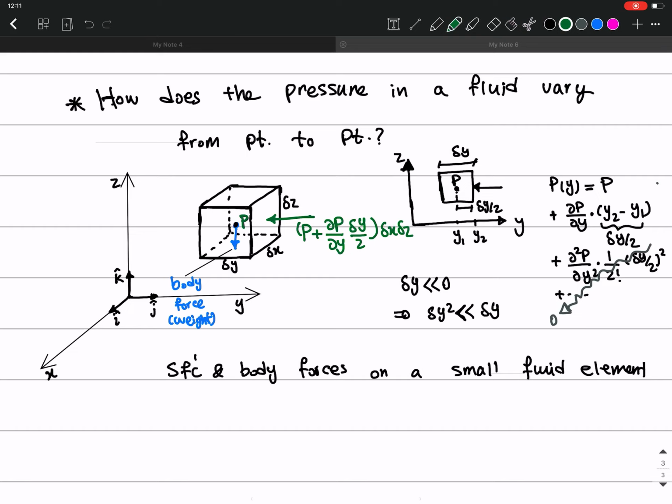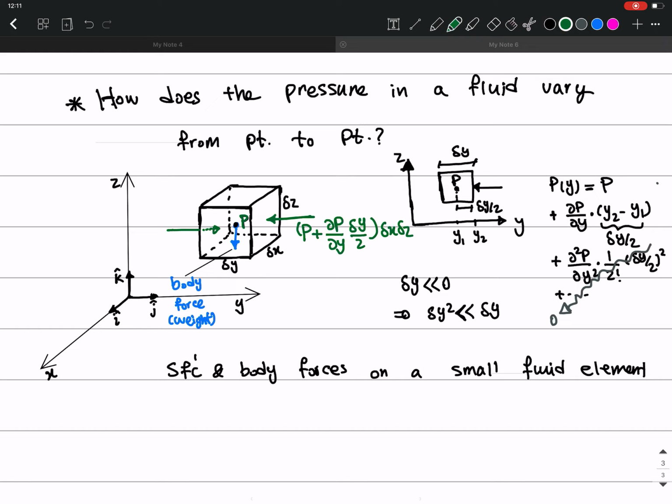So similarly, you can write the force on the left side. On the left side of this cube fluid element, we are going to have the same thing, but now the direction is reversed.